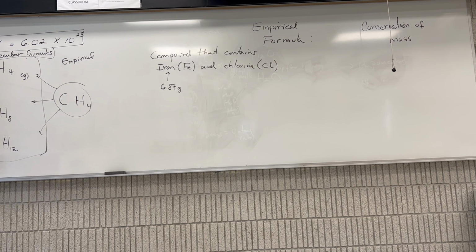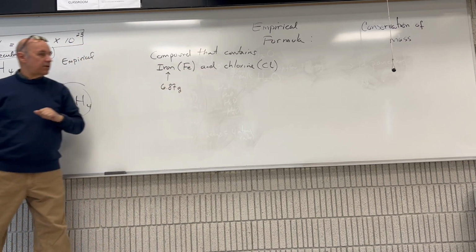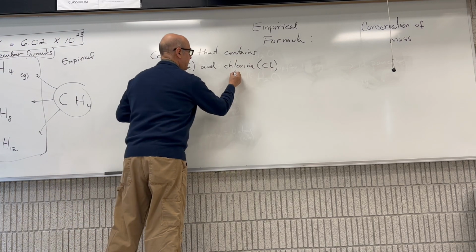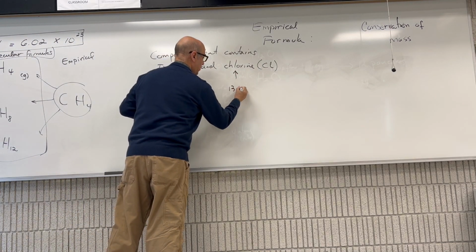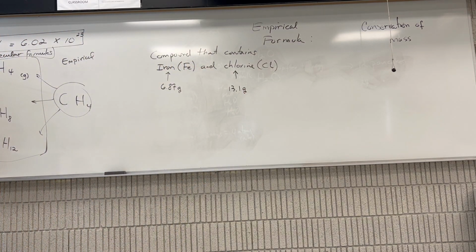It doesn't matter. It was analyzed by some lab, and that's the outcome of the analysis. The compound contains both iron and chlorine. It has 6.87 grams of iron, and it happens to have 13.1 grams of chlorine. And that's all we know.